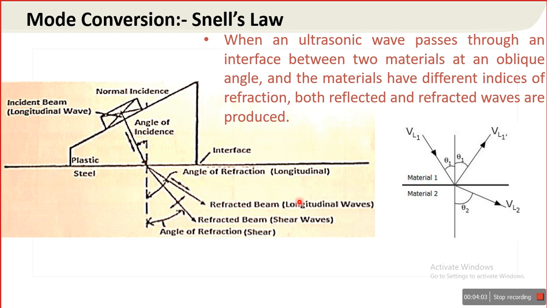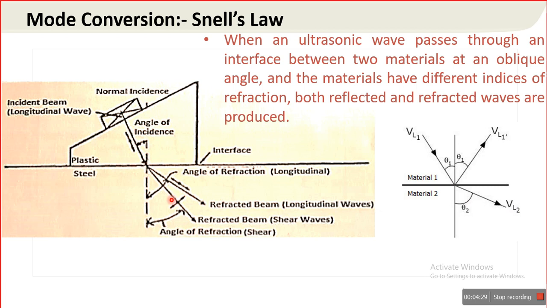First one, I will repeat: the longitudinal wave reflects some amount of energy at an angle theta 1 in the opposite direction. The same wave transmits into the adjacent material, and it creates the same longitudinal wave, which is a refracted one, at an angle theta 2. This is the first mode of conversion.